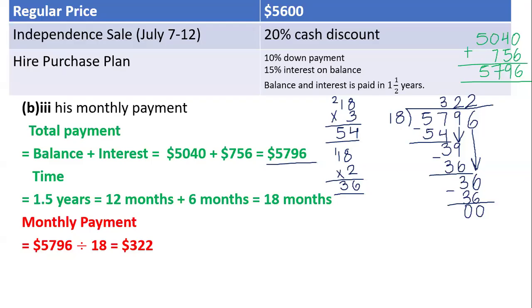If there are no questions, let me ask Ronell. Can you explain how we got 322? Okay, so we start off by adding his balance plus his interest, which was 5,040 plus 756, which equals 5,796.